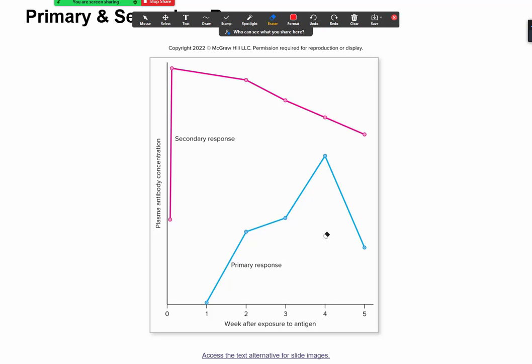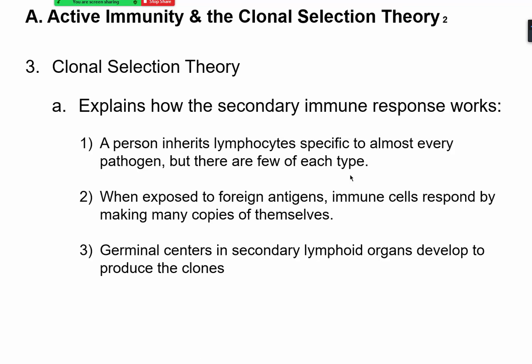But unfortunately, because nothing is perfect, after about 6 months, 7 months, there has been shown to be a decay in your ability to generate antibodies. So let's talk a little bit about how this works. So there's this very big theory, and I want to get you to think about how this works. You probably heard about antibodies, you probably heard about B cells, T cells, but the theory behind this is called a clonal selection theory.